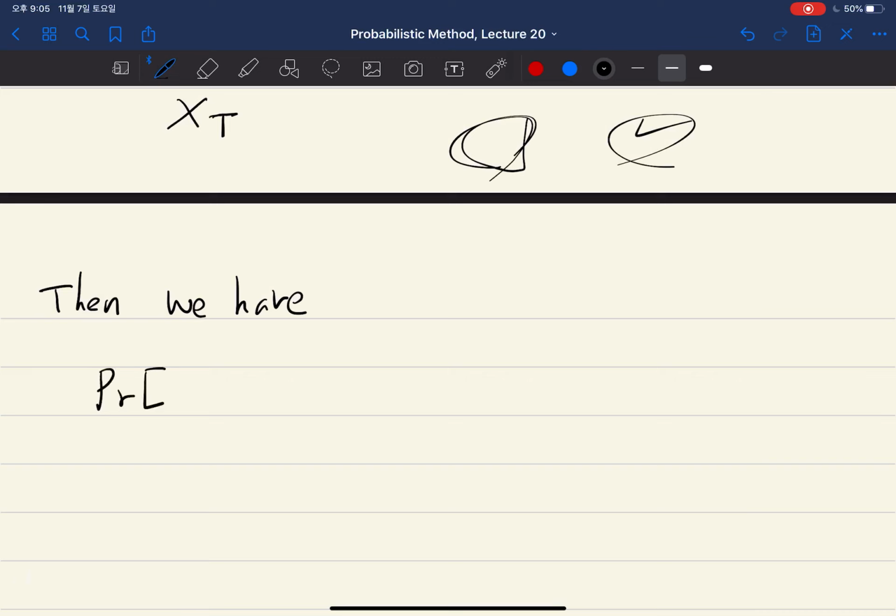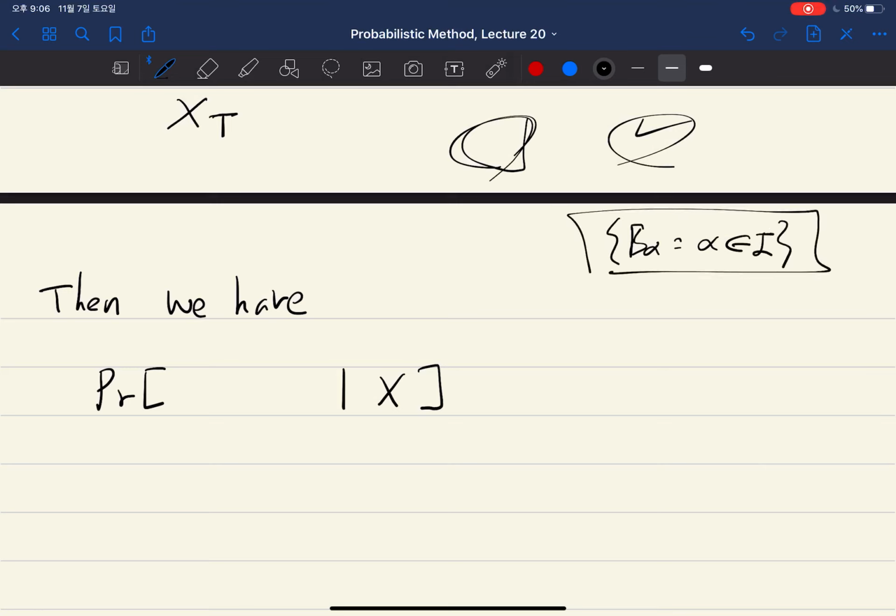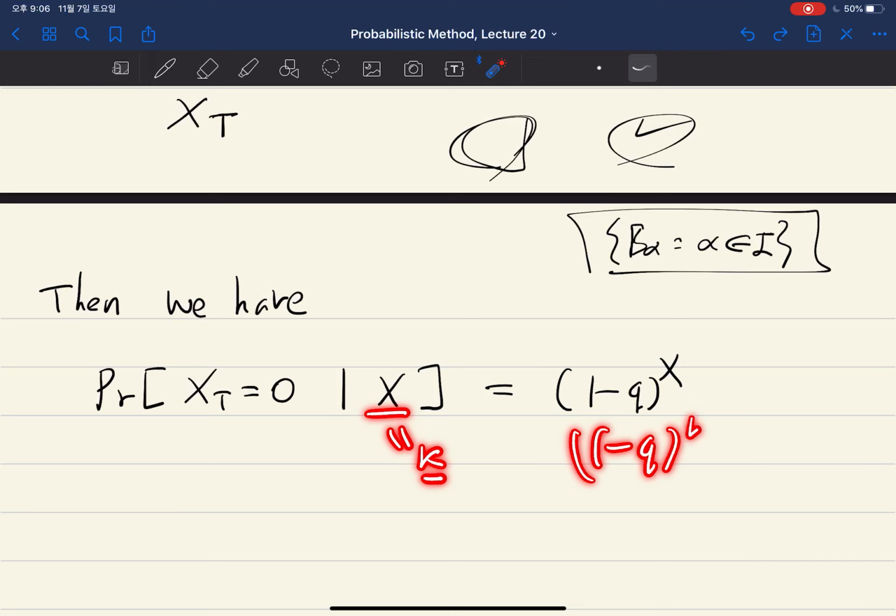Once we know X, meaning that we know which events B alpha for alpha in I happened, we did this experiment and then we know which ones happened and which ones didn't. Assuming that, the probability that the number of bad events in T is 0 is 1 minus Q to the X. So in other words, if this is K, then we know that those K events are not included in T. That's exactly this event. So if we fix this value as a certain number, then this is 1 minus Q to the K. That we know.